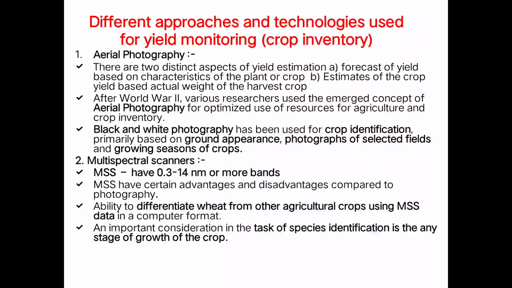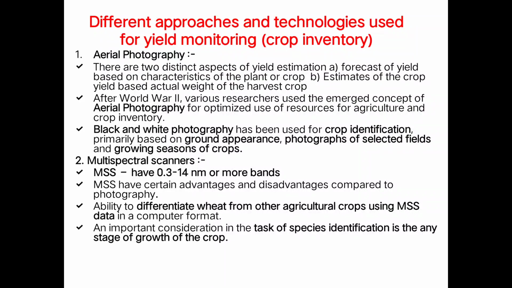Then second important approach and the technology which is used for the yield monitoring, that is the multispectral scanner. So the multispectral scanner having the 0.3 to 14 nanometer or the more bands. This MSS or the multispectral scanner have the certain advantages and disadvantages compared to the photography.